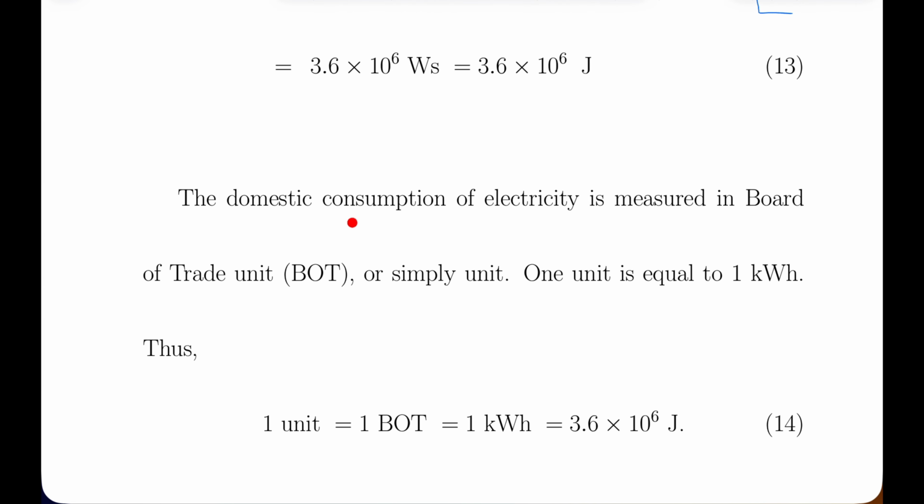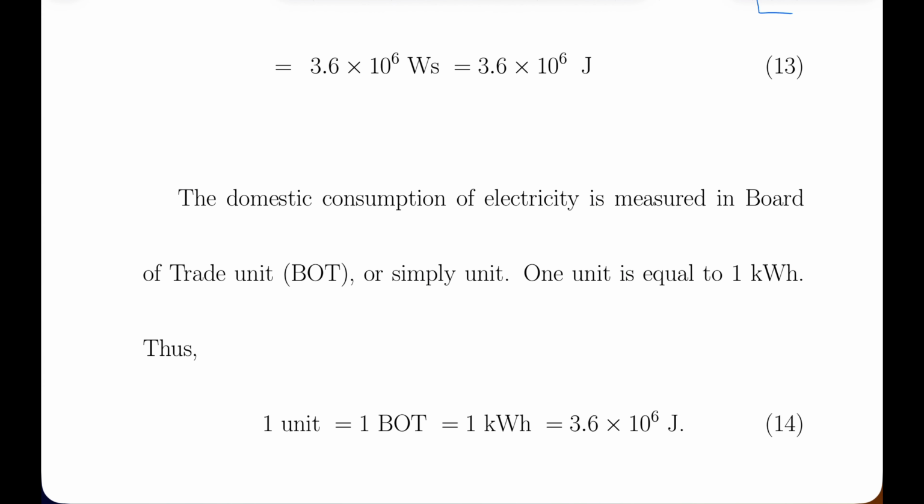The domestic consumption of electricity is measured in Board of Trade unit, BOT, or simply we call unit. 1 unit is equal to 1 kilowatt hour. Thus, 1 unit is 1 BOT is 1 kilowatt hour, and this is equal to 3.6 into 10 to the power 6 joule.